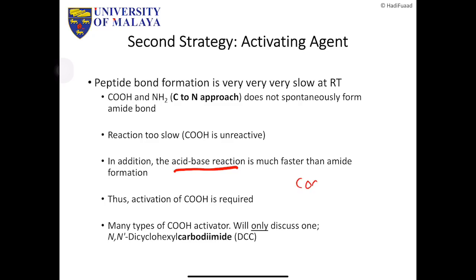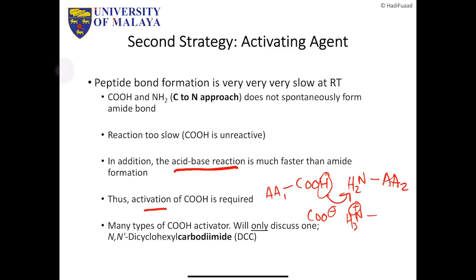So if you have a carboxylic acid from your first amino acid, for example, and you have an amino group from your second amino acid, there will be a proton exchange, and you'll get a carboxylate ion and an ammonium ion. So you instead have an acid-base reaction instead of an amide bond formation.